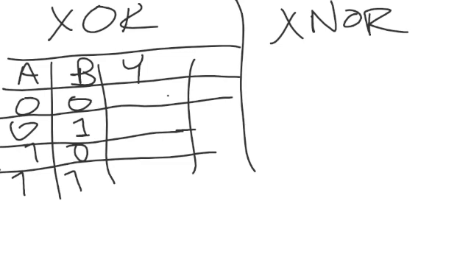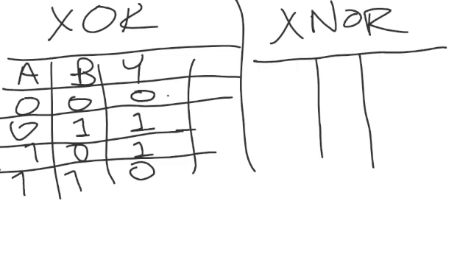The definition says the output is on when an odd number of inputs are on. So 0, 0 is even, so it's 0. 0, 1 is an odd number, so it's 1. 1, 0 is an odd number, so it's 1. 1, 1 is an even number, so it's 0.